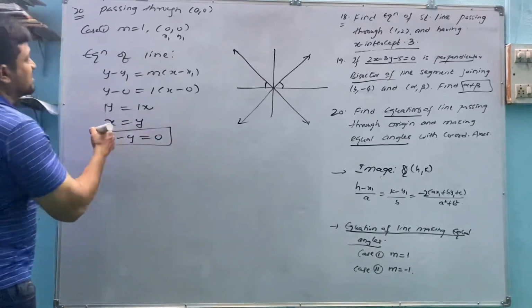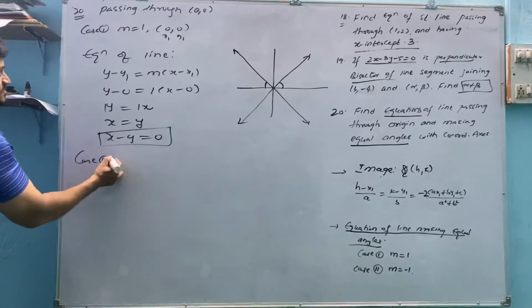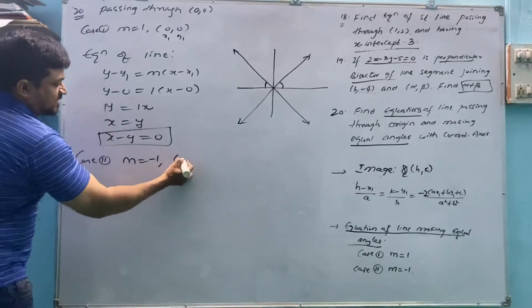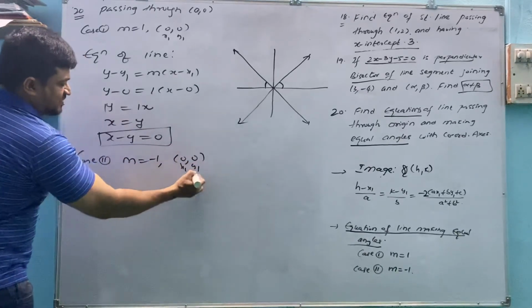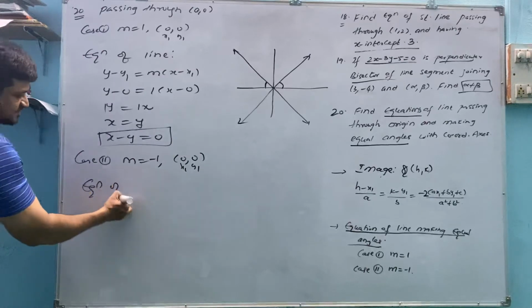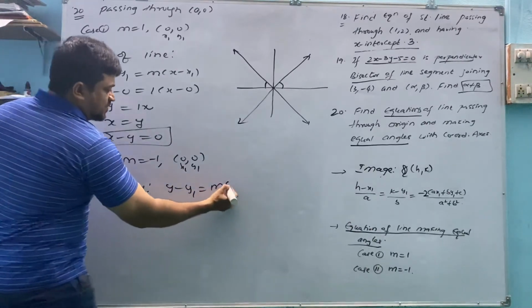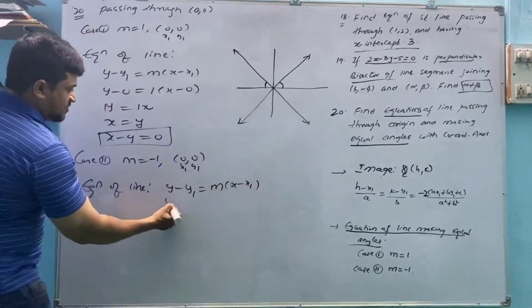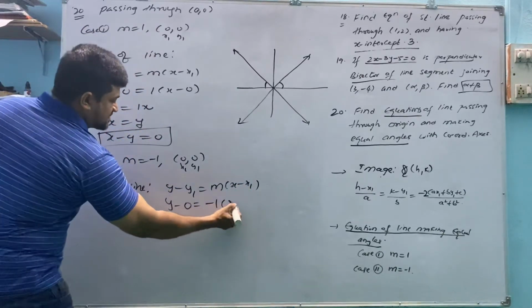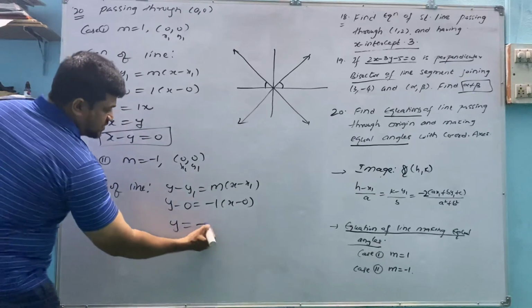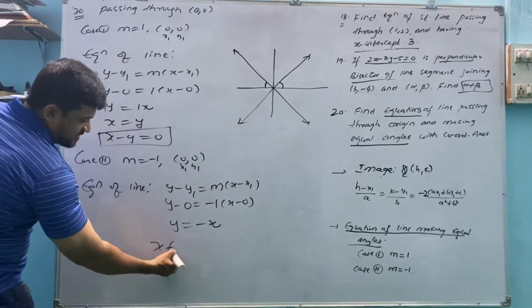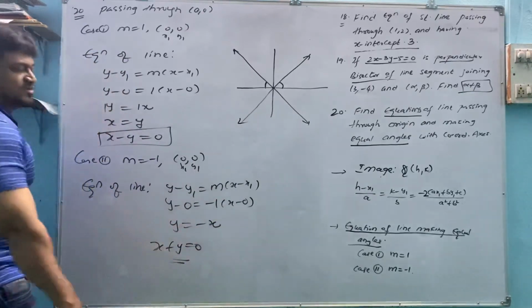This is the case. Now case 2, m is equals to minus 1 and point is there, 0 comma 0, x1 y1. Equation of line, y minus y1 is equals to m into x minus x1. Y equal to minus x comes this side, becomes plus x plus y equal to 0.